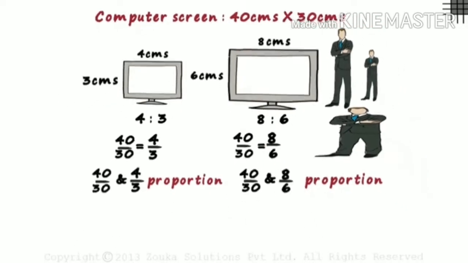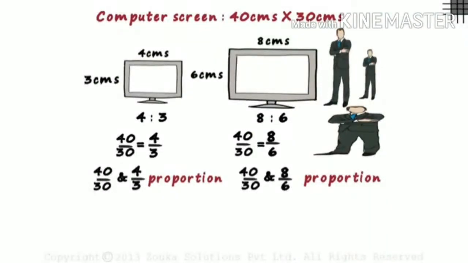There's a special way to write it. We write it as 4:3 :: 8:6. 4:3 simply is the ratio 4 by 3, and 8:6 is the ratio 8 by 6. And these two colons in between are used to denote equal ratios.